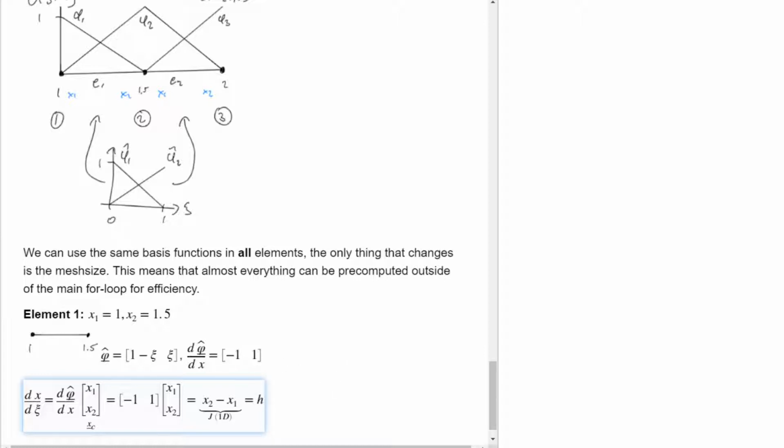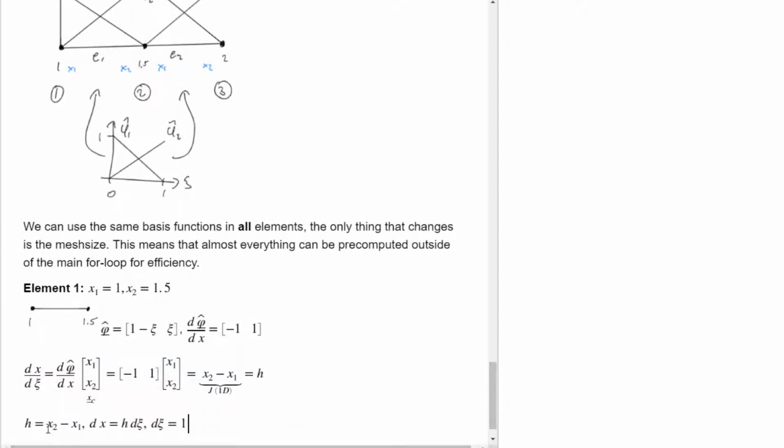Alright, so let's recap what we have. h is the mesh size, x2 minus x1. We have that dx is h times dξ, and the integral of dξ is equal to 1. That means that the size of this parametric space is 1.